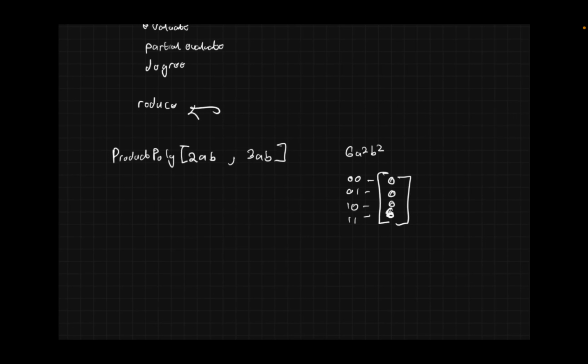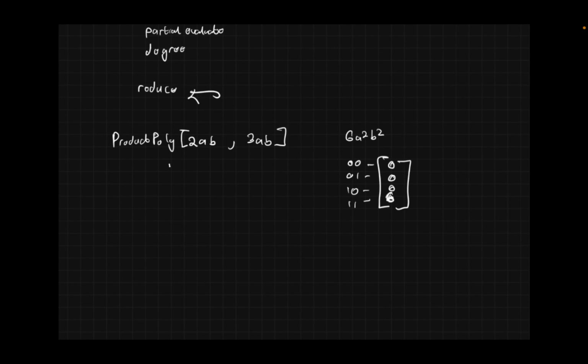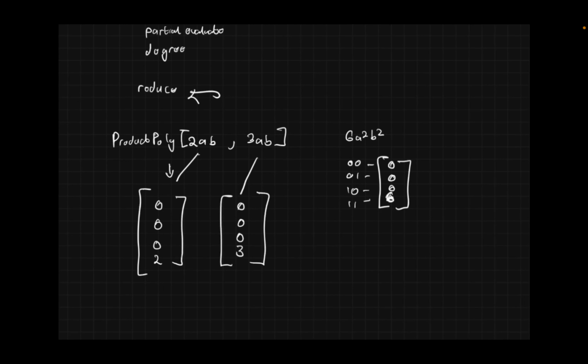Make sense? But then this product poly is going to be, this one is what? And this one is, right? So what reduce does is that it just takes the evaluation forms that it's holding, and then it does element-wise whatever the operation is.